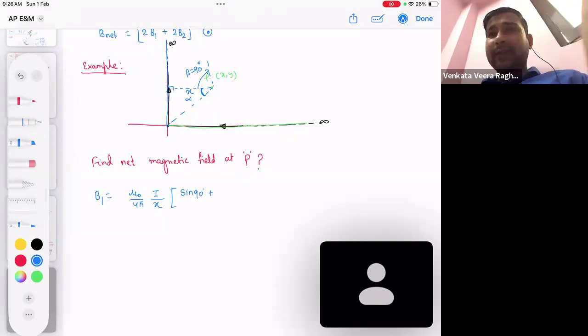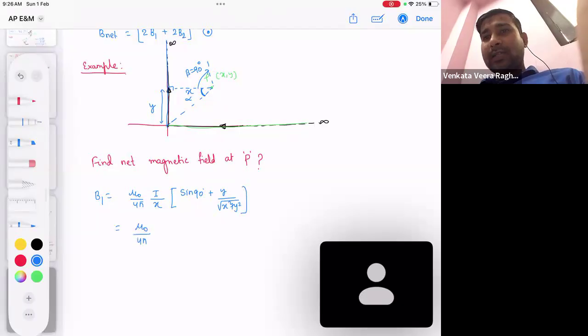This value is y, so y by under root of x square plus y square. So how much did we get? mu naught by 4 pi, I by x, into 1 plus y by under root of x square plus y square.